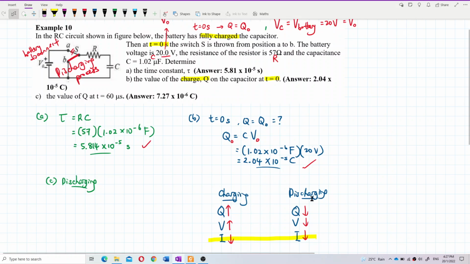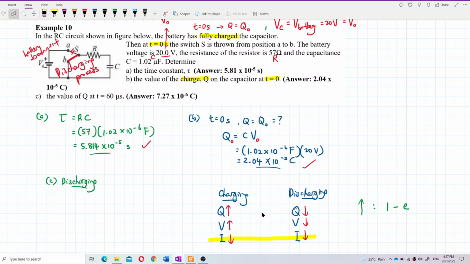Okay. So why is it important to know whether it increases or decreases? Because this helps us determine which formula to use to solve the questions. This is how I remember the formula: if increase, I always use 1 minus epsilon.